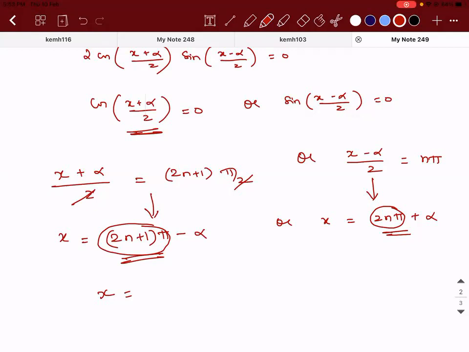If I take a set of even integers and odd integers and combine them, what set will I get? Integers only, right? I'll get an integer set.